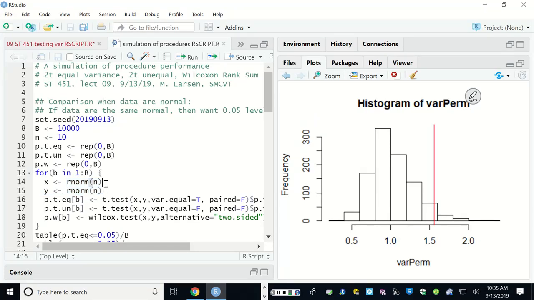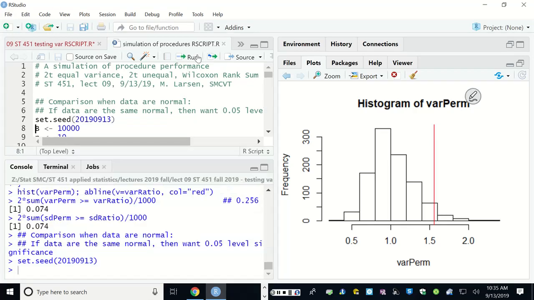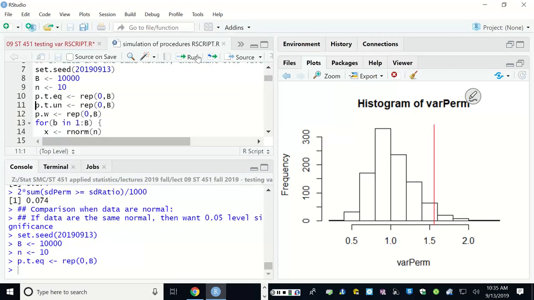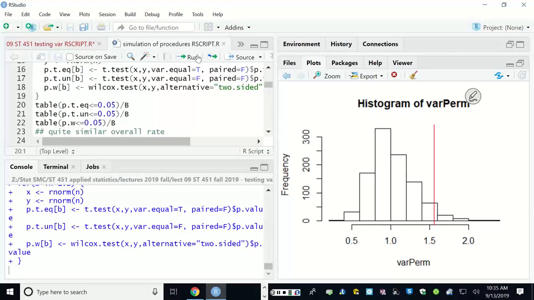So this null hypothesis is true. Then we're going to test, either using equal variances or unequal variances or this Wilcoxon test. We hope that we do not reject. We only want to reject about 5% of the time, because it's a 5% significance test. We're going to generate 10,000 data sets, sample size 10 in each, and do these tests.